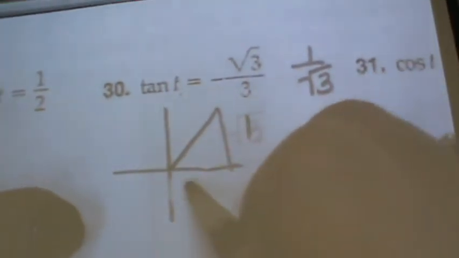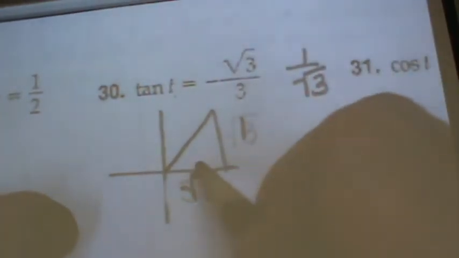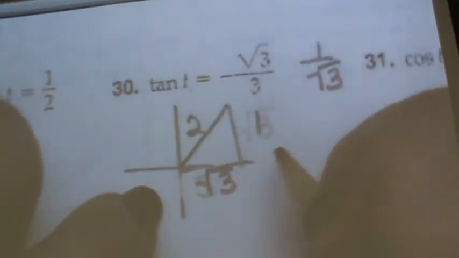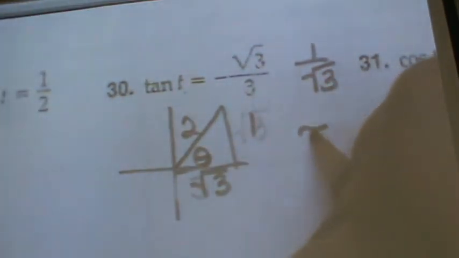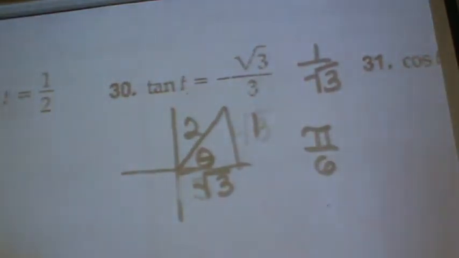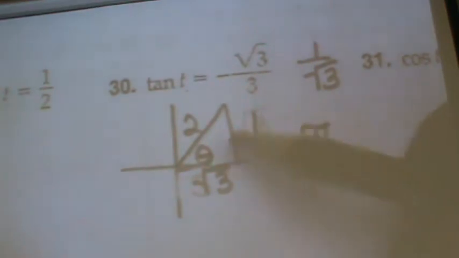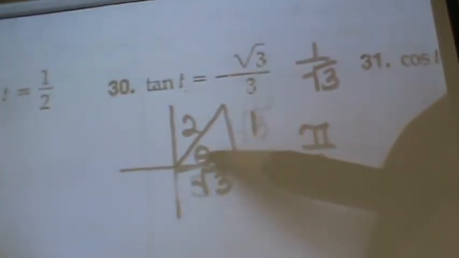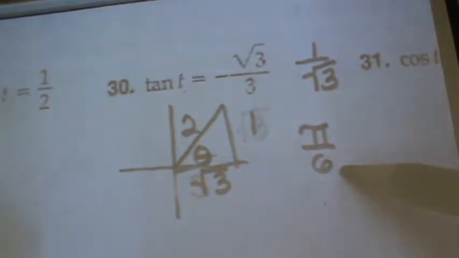I'll turn this into a 1 and that into a root 3. What angle is this? It's 30. And how do you know? Because I always remember the opposite of the 1 is the smaller side, so the smaller angle, 30.